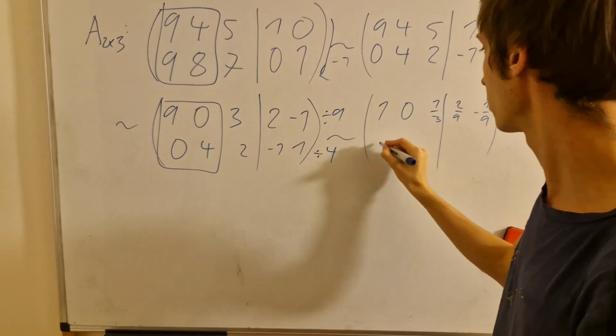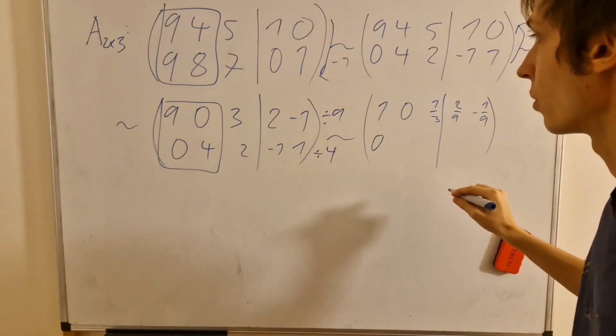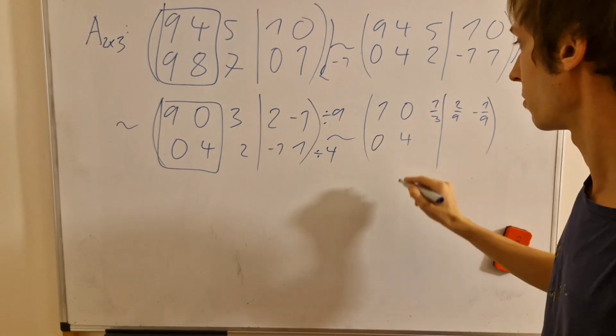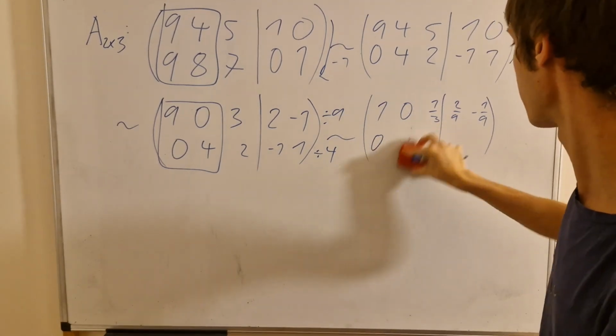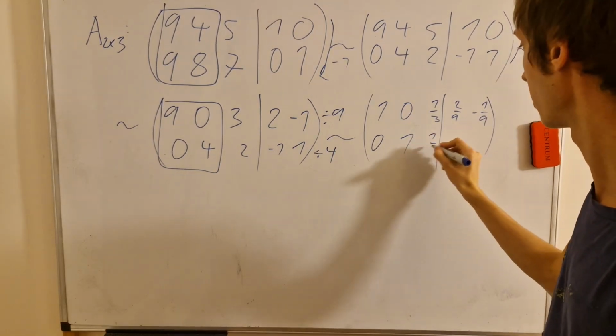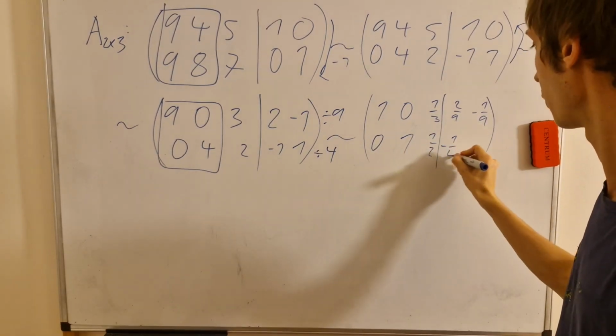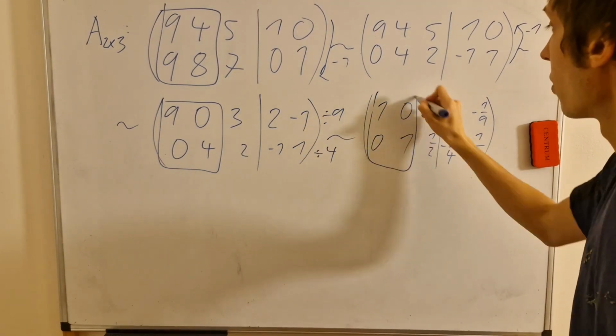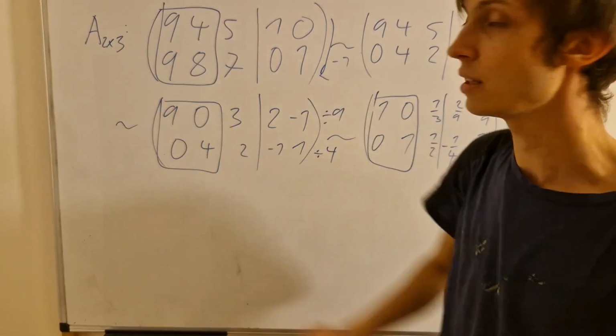Alright? And this will be 0 divided by 9, right? 1/3, 2 over 9, minus 1 over 9. Now 0, this is divided by 4, so we have a 1. 1, 2 over 4, 1/2, minus 1 over 4, and 1 over 4. So now we finally got an identity instead of what these numbers were.